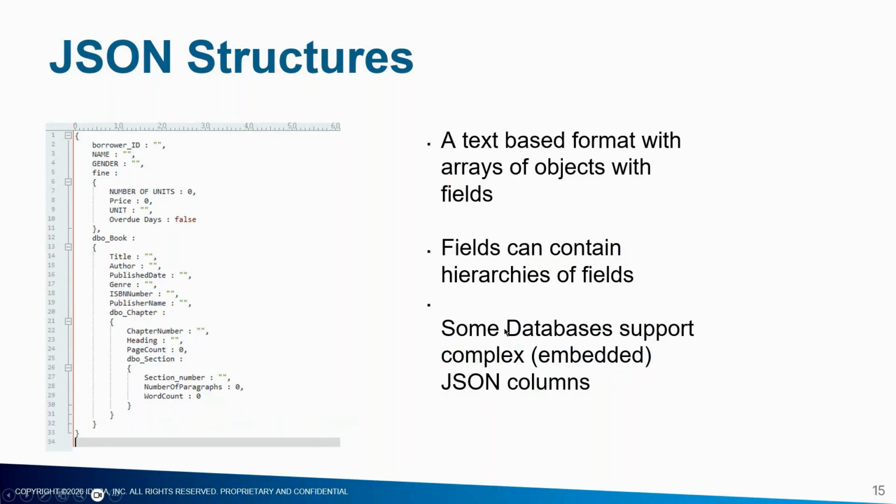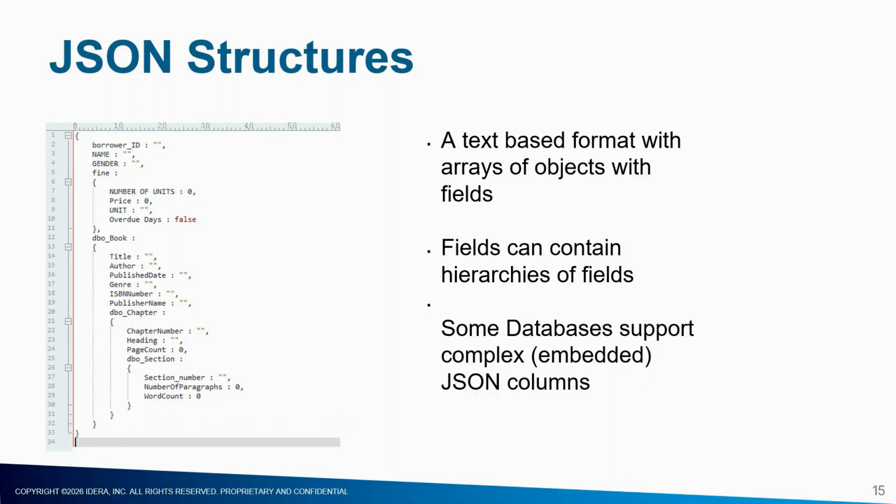What we've also found now is that some databases actually support what they call complex or embedded JSON columns. So you can actually have a structure that's defined in JSON that's held within just a column within the database. And we'll look at that in a moment and explain why that, at the same time as being really useful and powerful, can also be a little bit dangerous, shall we say, and we need to keep an eye on that.